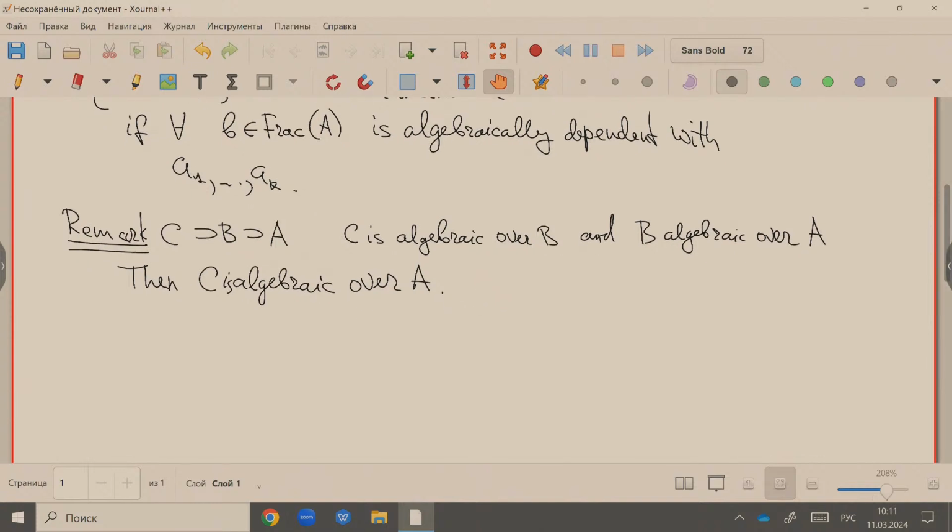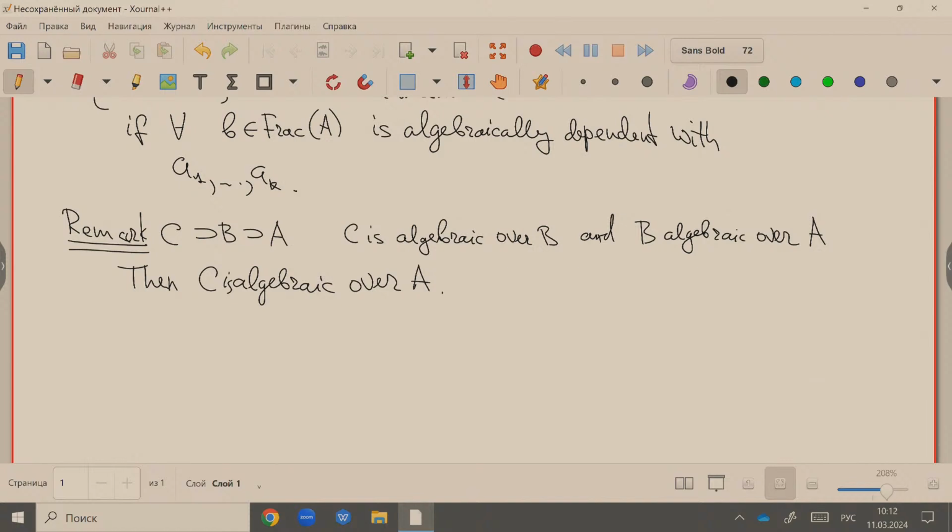One can also prove this explicitly by noticing that for fields, if you have a finite extension of the fields, then the elements of the finite extension are algebraic.